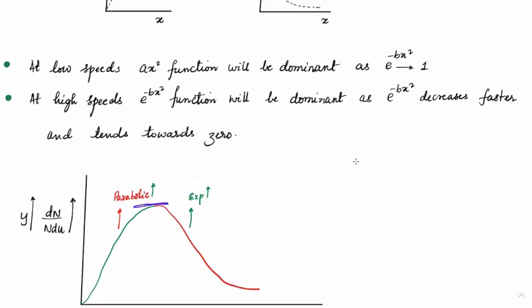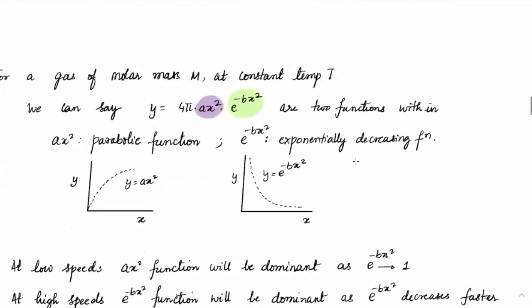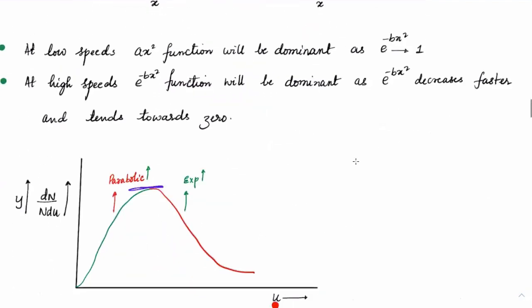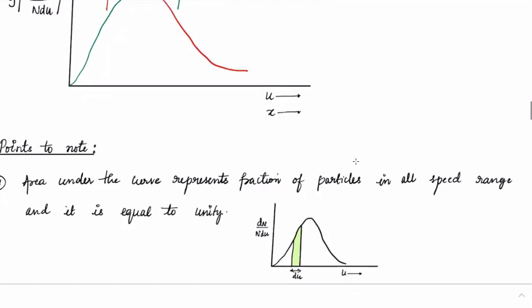Okay, so see what I am plotting on the y-axis and on the x-axis. On the y-axis it is dn by n into du, this is the y which I have used here, versus u on the x-axis. Then what about the area under this curve?